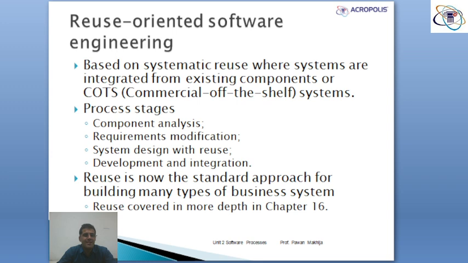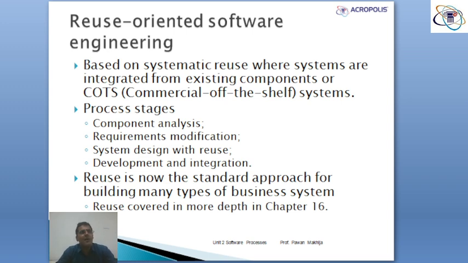So we need to analyze that particular component, and whatever mechanism we are going to use. After that, let's say one component is going to fulfill 80% of my requirements, so in the second phase we can go for some requirements modification.